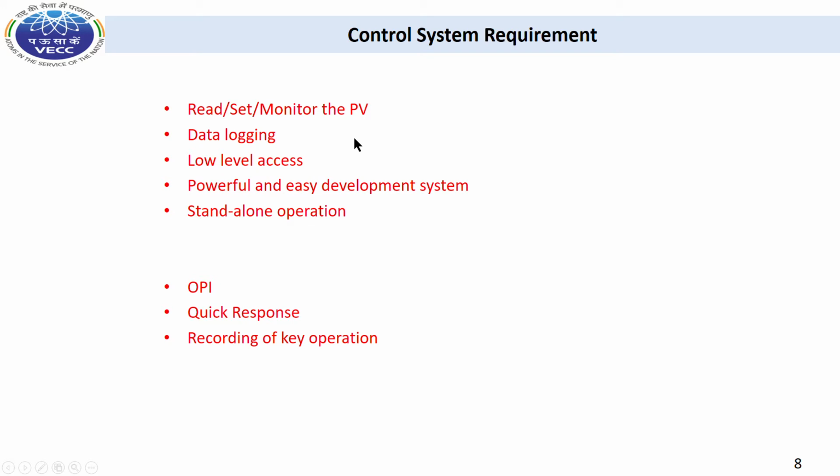Then data logging, that is storing of some important process variables and events. A good control system needs to set and get PVs through low-level access. So there will be a facility for powerful and easy development tools, and it can have a facility of standalone operation.